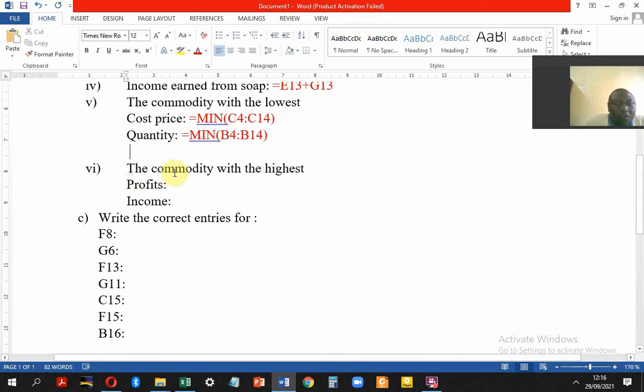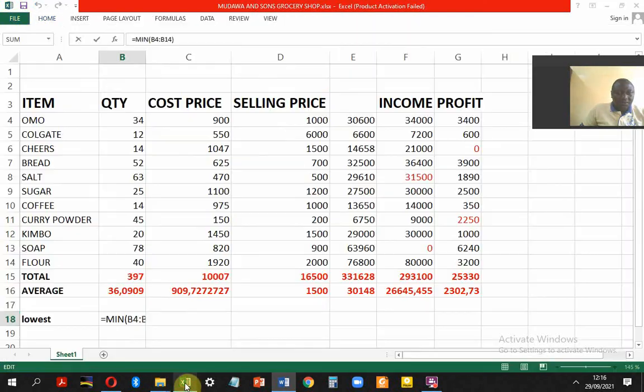Now, the commodity with the highest. Remember, we have already talked about min being the lowest. Now, that means here we are going to use max. So we come back to our spreadsheet here. This one should be highest.